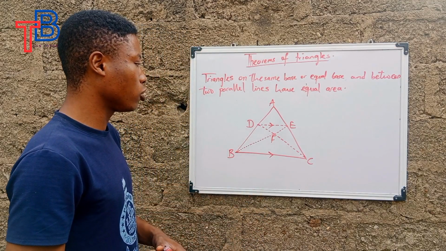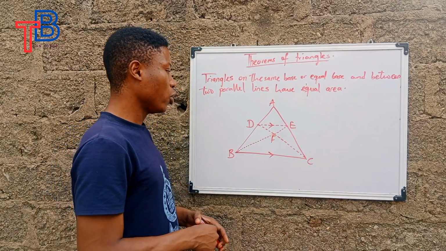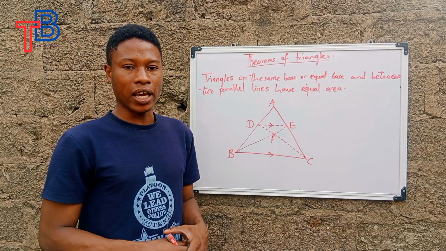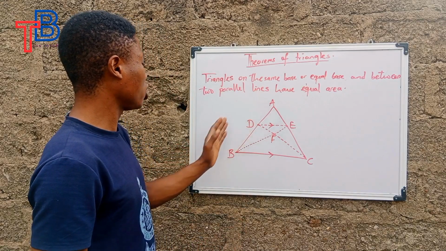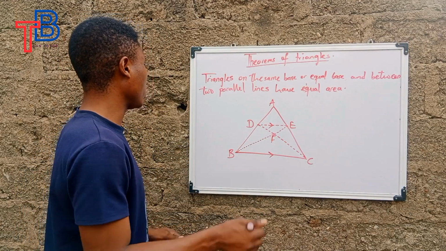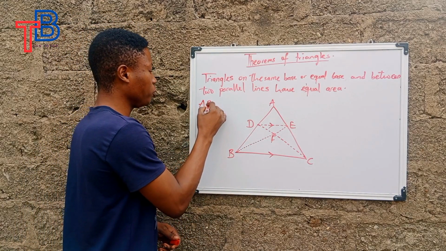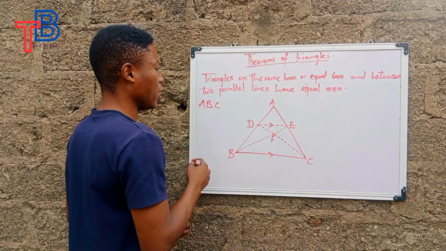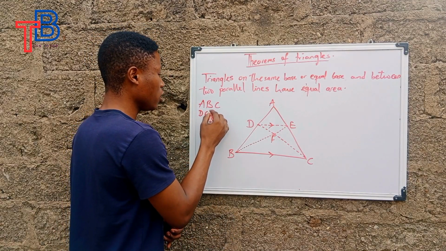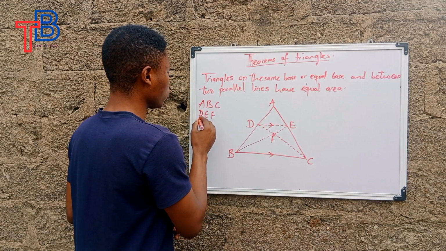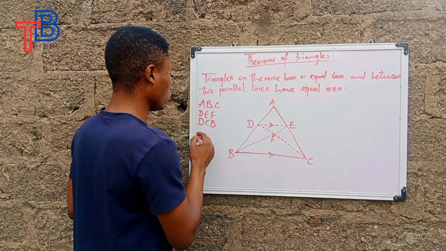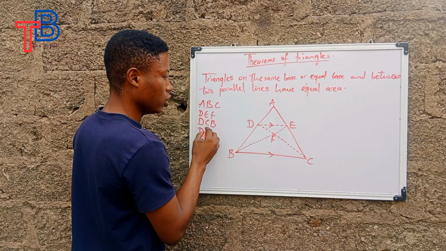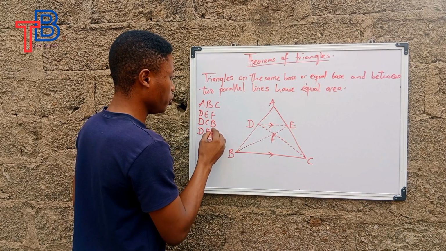Let's take this figure below for the example. We have many triangles in here and we can use that as our example. We have the big triangle ABC. We have triangle DEF. We have triangle DCB. We have triangle DEB.